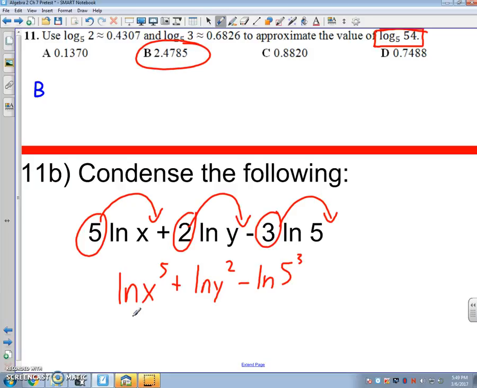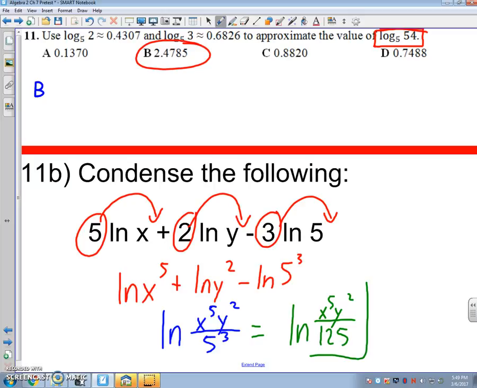If they're adding, that means they multiply. So x to the 5th times y squared multiplies. If subtracting is division, 5 to the 3rd power goes on the bottom. Now if you have a number to an exponent, make sure you fix that. 5 cubed is really just 5 times 5 is 25, times 5 is 125. Here's my answer: the ln of x to the 5th times y squared, all divided by 125.